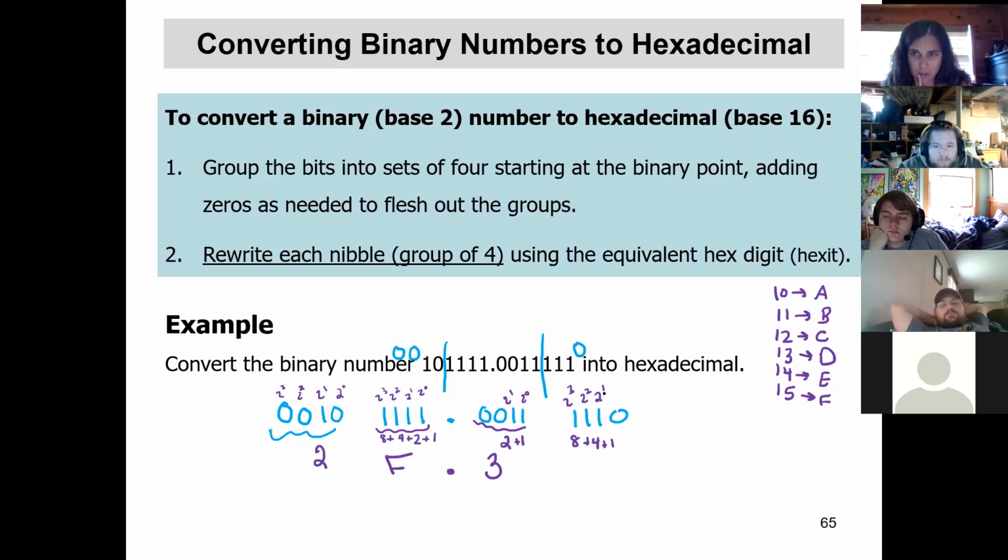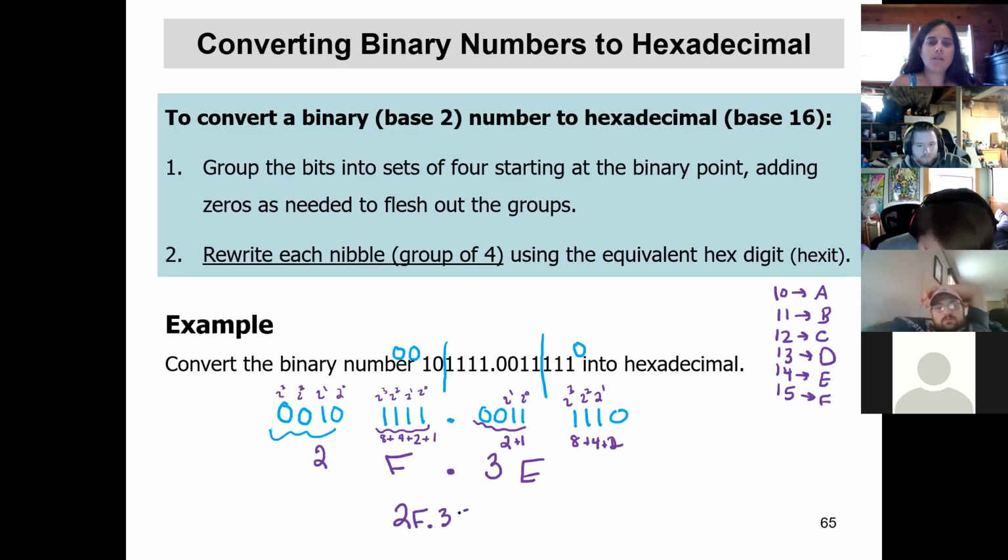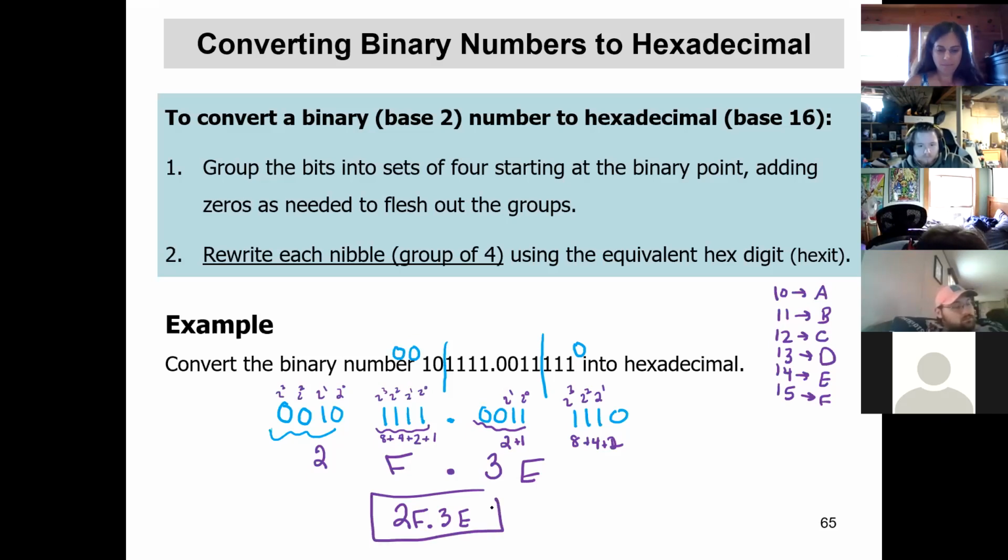I treated 2 to the first as 1. What's 2 to the first? 2. So I have 14, which is E. This looks really spaced out, so our final answer would be 2F.3E. That would be our hexadecimal.